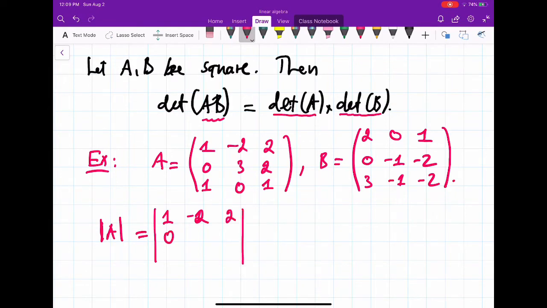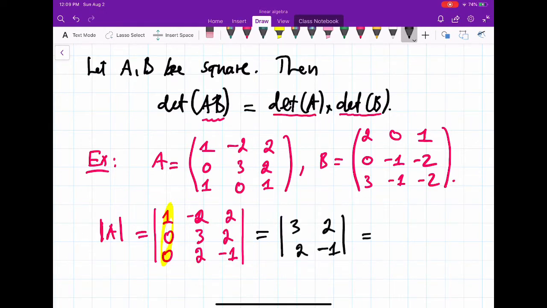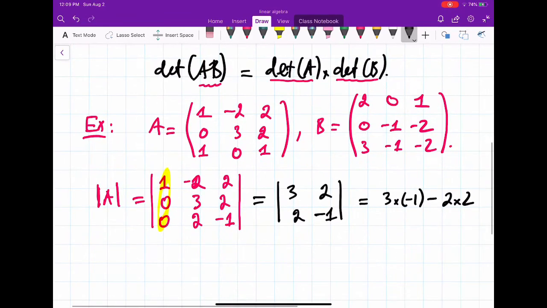So I have 0 here, 3, 2, 0 here, 2, and -1. And then this is equal to the determinant of 3, 2, 2, -1. And that is 3 times -1 minus 2 times 2, and you have -7.